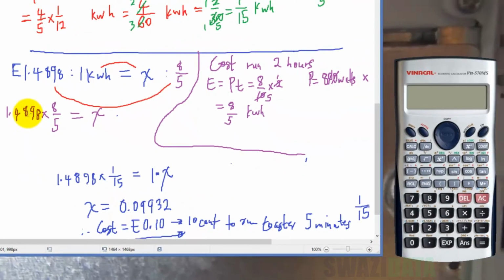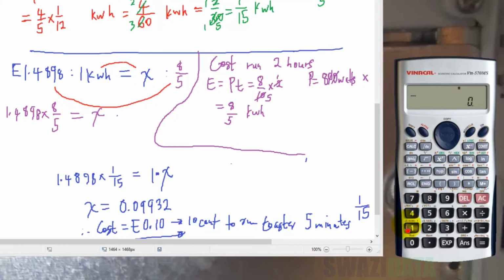We use the calculator to work this out: 1.4898 multiplied by 8 over 5.